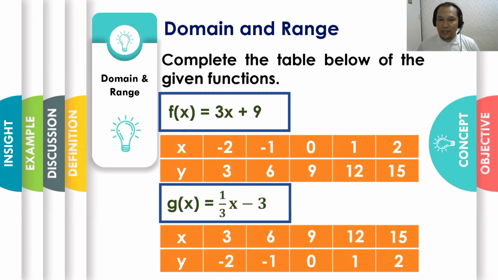The first element and the second element, or the domain and the range of f of x, become the range and the domain, interchangeably, for g of x is equal to 1/3 x minus 3. That is the relationship between two functions that are inverse of each other.